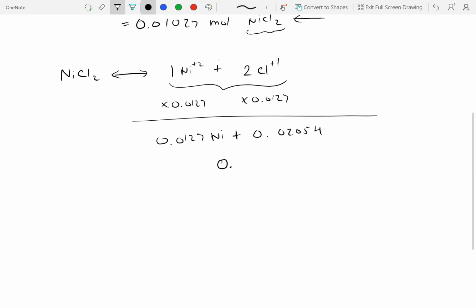So I have 0.03081, and so if you put that into scientific notation, that's 3.081 times 10 to the negative 2, and that's answer choice E.